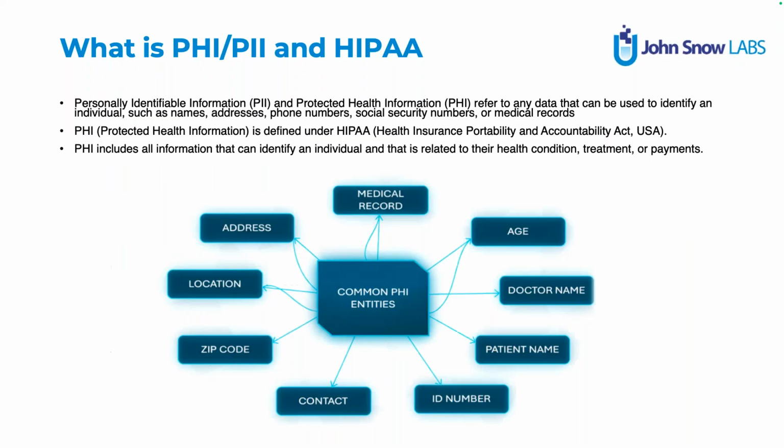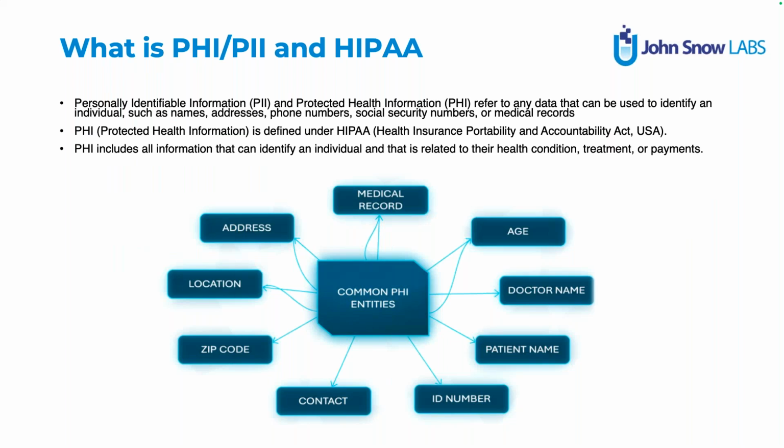What is PHI and PAI and HIPAA? PHI, Protected Health Information, is defined under HIPAA, the Health Insurance Portability and Accountability Act. PHI includes all information that can identify an individual and that is related to their health condition, treatment, or payments. In the USA, the identification of PHI is a requirement under the HIPAA privacy rule.